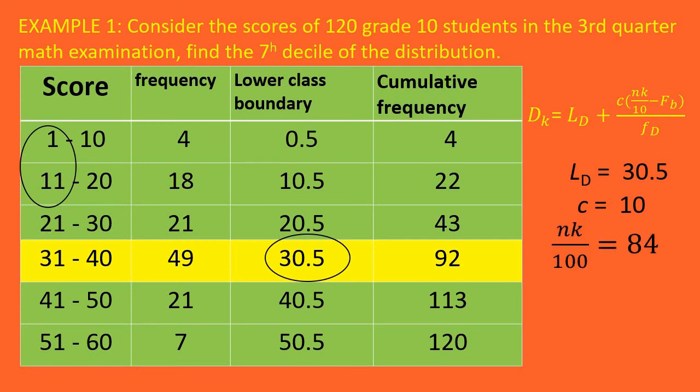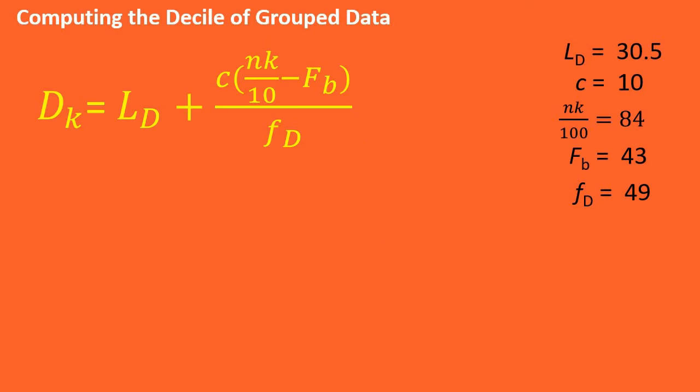And then NK over 10, which we have computed a while ago, 84. Then the frequency before the decile class, so that's 43. And then the frequency of the decile class is 49. Then let's substitute all these values to the given formula.